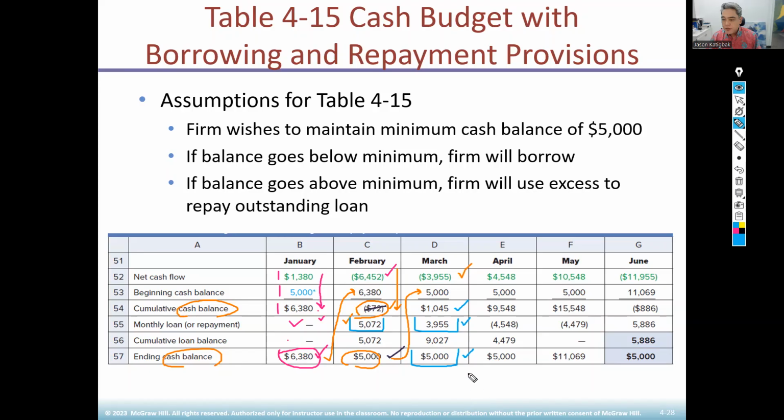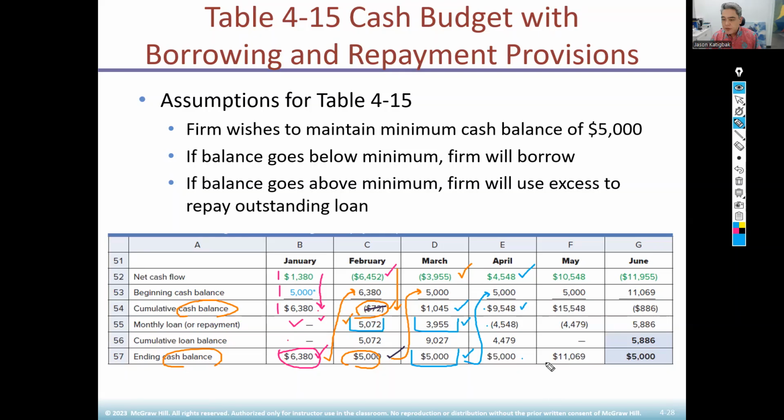So you basically carry this over again, and then your net cash flow for April is 4,548 plus the 5,000, you have 9,548. You now have way enough cash. You have enough cash. By how much? The difference between the 9,548 and the 4,548 is 5,000.